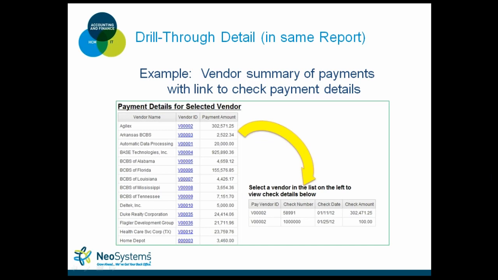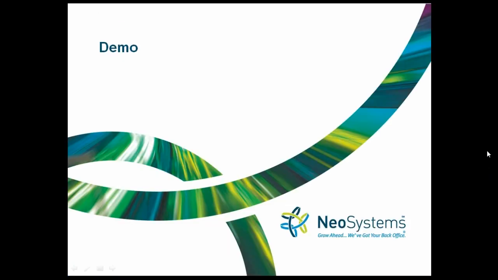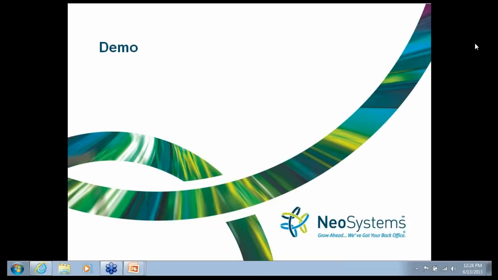The idea is that instead of having 6 different variations of a report and worrying about maintaining so many different things, you can consolidate. You can build reports that are more flexible and more solid. So with that, I guess we'll go into our demonstration here.